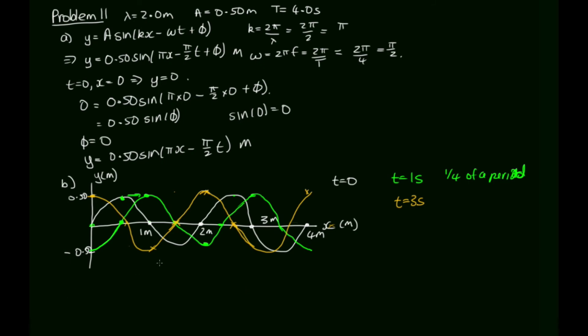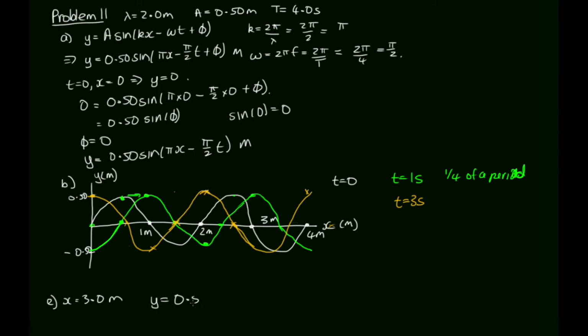Okay, and then part E says, describe how an element of the medium at x equals 3 meters moves as the wave passes. Use an equation and words. For an equation, we can work out the height it has. We just substitute into here.